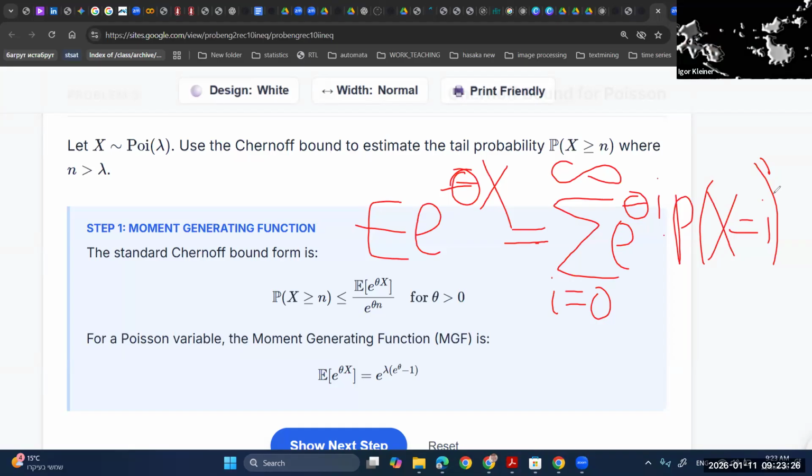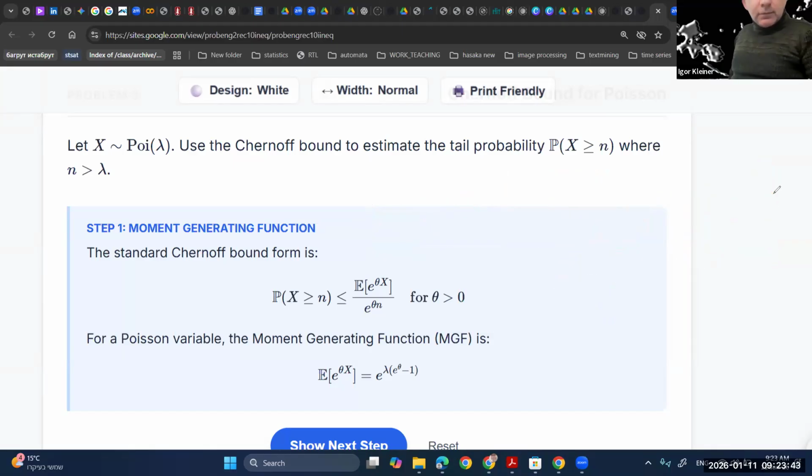So the expected value of e^(theta X) is the moment-generating function for a Poisson random variable, and this is the final expression: e to the power lambda times (e^theta minus 1). My advice, derive it yourself for these random variables because it's not very hard. It's instructive to do.